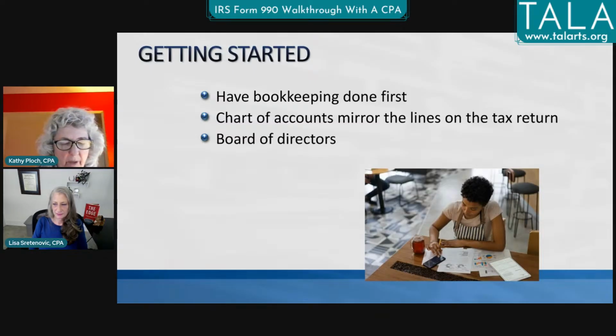The first thing you want to do is have your accounting completed before you even start doing this. I will say that nonprofits are very creative when it comes to a chart of accounts, which is those account names that we talked about.